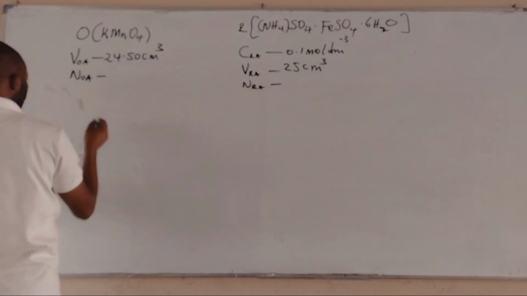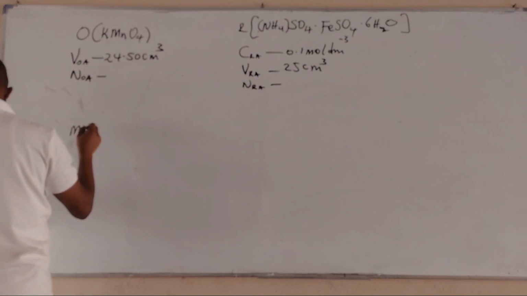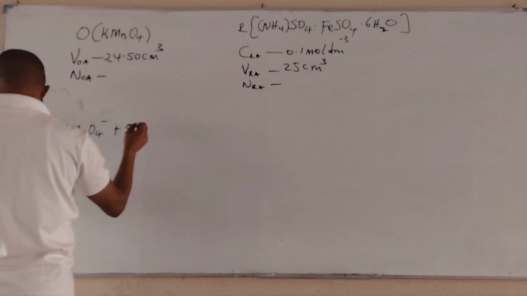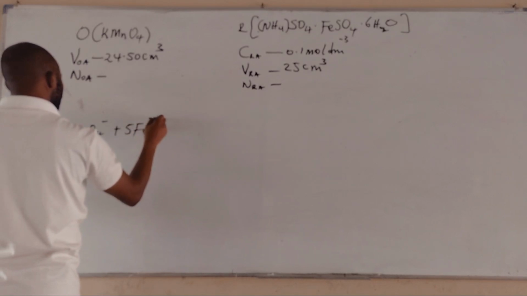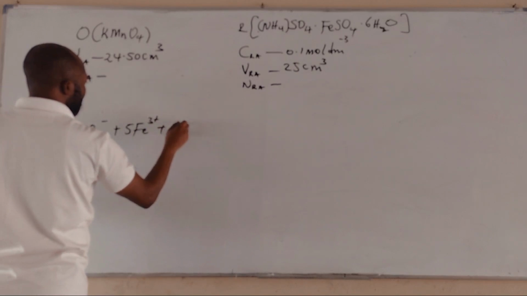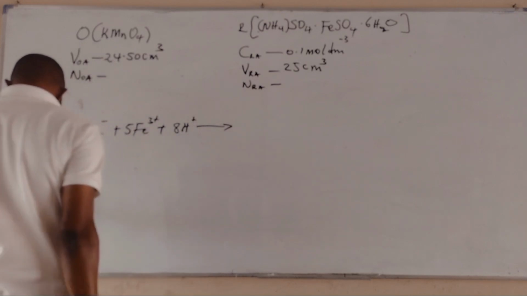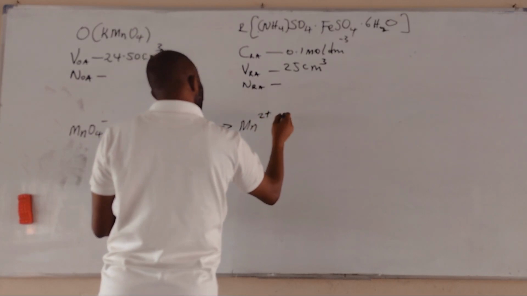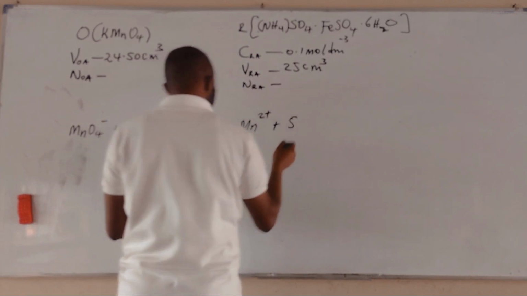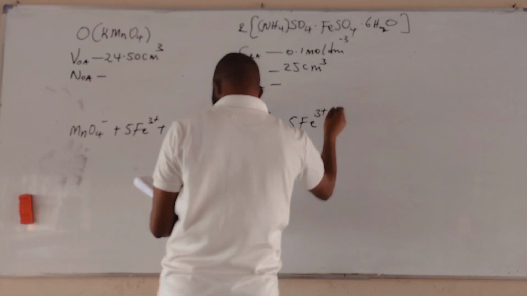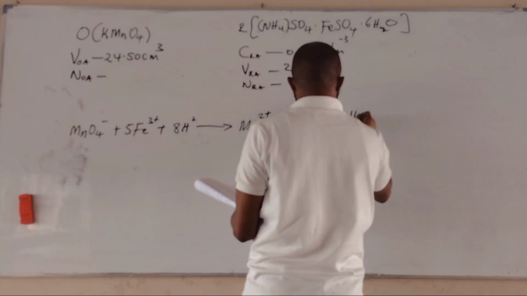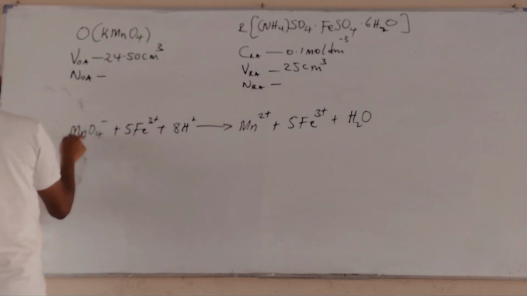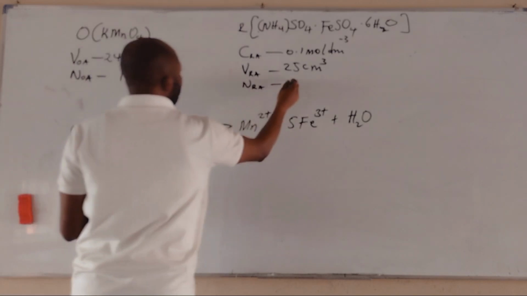From the equation of reaction, I have my usual MnO4 minus plus 5 Fe 2 plus plus 8 H plus gives us Mn 2 plus plus 5 Fe 3 plus plus 4 moles of water. So from here, oxidizing agent is 1, reducing agent is 5.